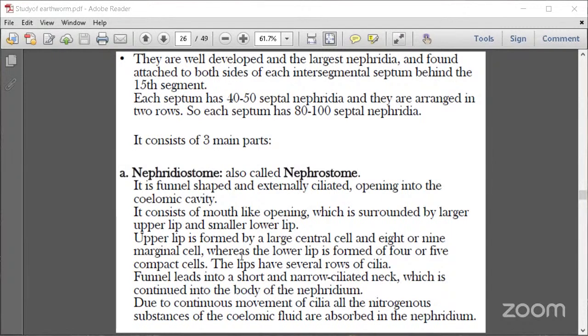The upper lip is formed by a large central cell and 8 or 9 marginal cells, whereas the lower lip is formed of 4 or 5 compact cells. The lips have several rows of cilia. The funnel leads into a short and narrow ciliated neck, which is continued into the body of the nephridium.